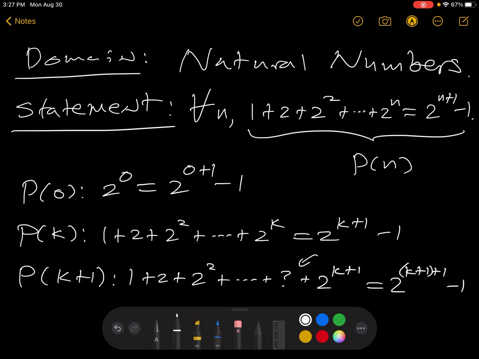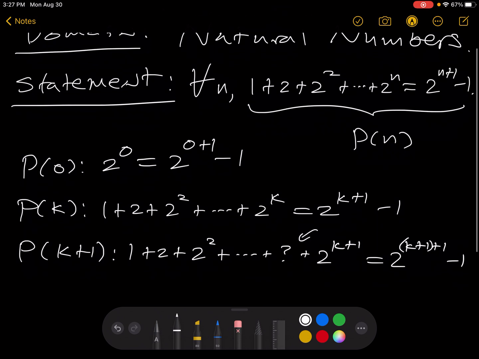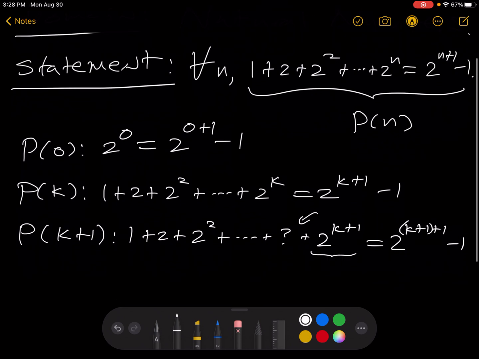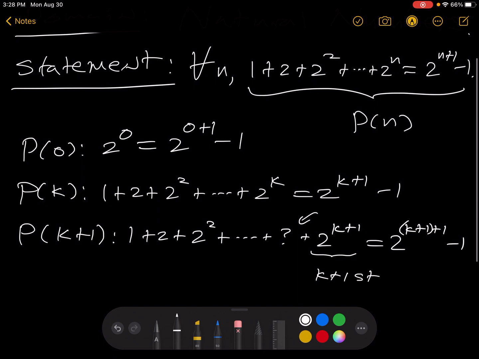So remember, this is the k plus first term. That's the rule being that thing, 2 to the n. That's our rule for the left-hand side.